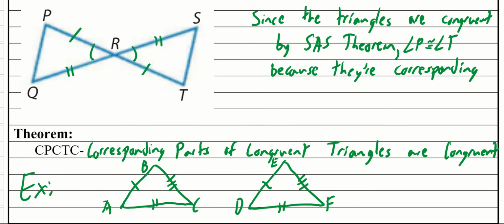Usually in a proof we'd say these are congruent, side, and we're done. But now we're adding on an extra piece, which is, now that we know this, what other piece of information do we know? Well, since these triangles are congruent, we know that all the angles, for instance angle A and angle D would be congruent, or B and E, or C and F, and so on and so forth.